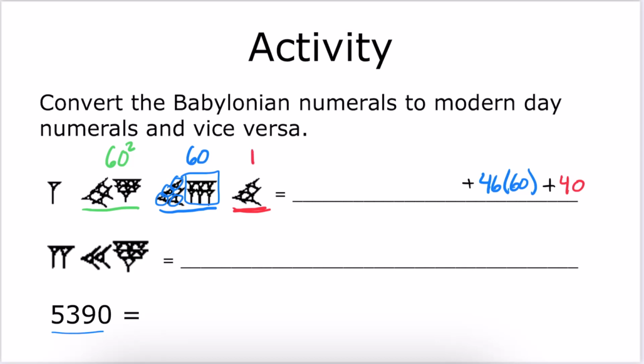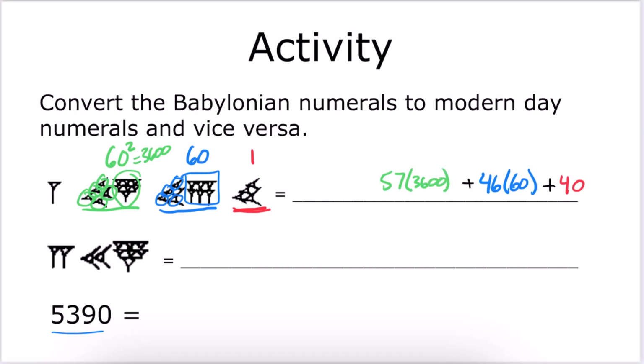Because 60 ones make 60, and 60 60s make 60 squared, or you could also calculate this as 3,600, because that's what 60 squared is. And so the number of 3,600s that I have is 10, 20, 30, 40, 50, and then it looks like I have 7 ones. So I have 57 3,600s.